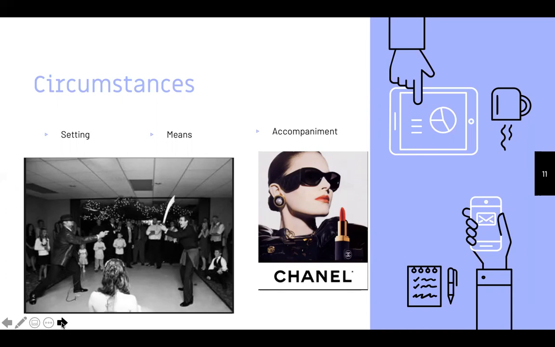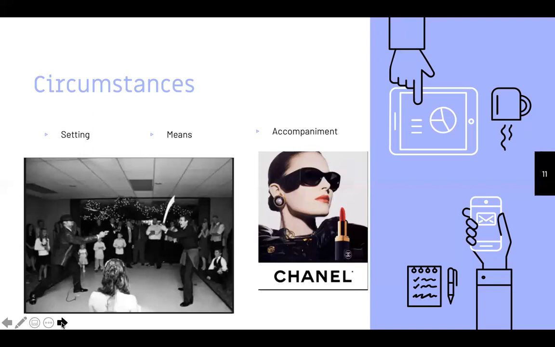If you look at the image on the right, there is a lady there. This lady is not looking at us. This is a non-transactional process, but it has the circumstantial element, that is the lipstick by Chanel.